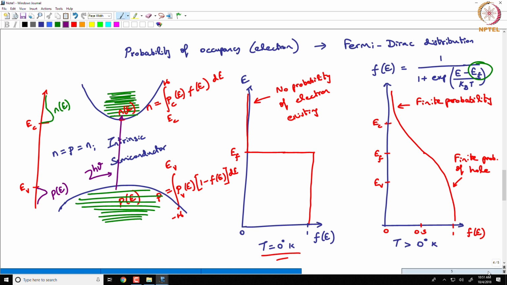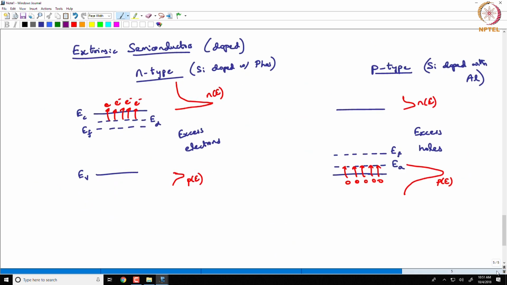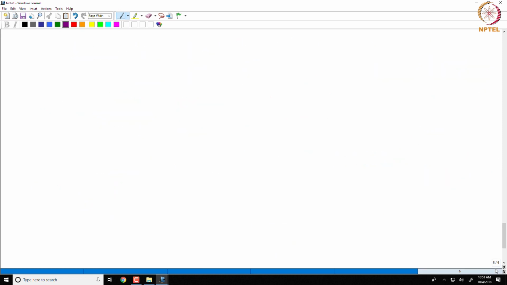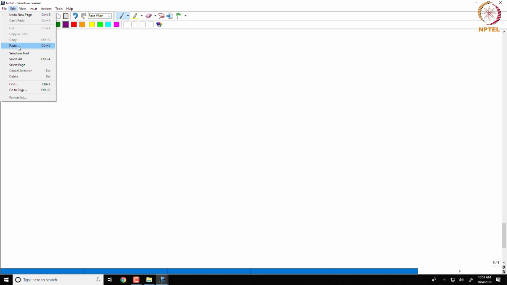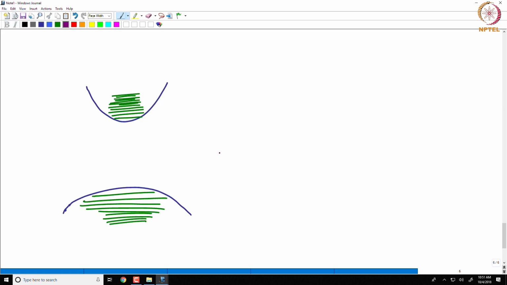Maybe I can just represent this in a separate picture over here. So, let us say you have h nu greater than Eg, then you have this transition happening, leaving behind a hole here and producing an electron there, right.